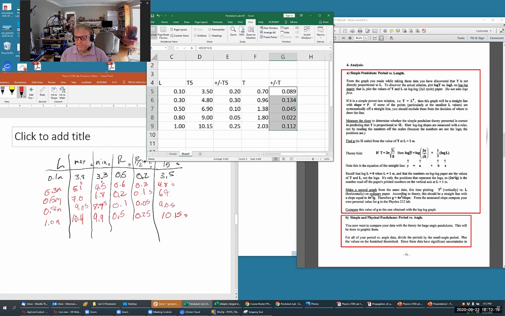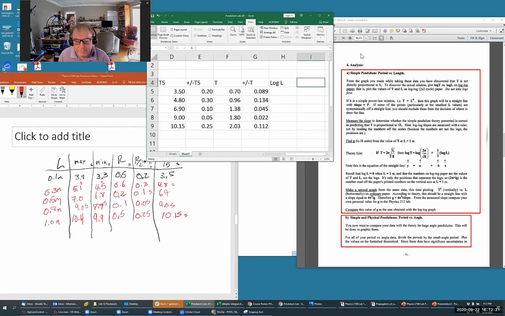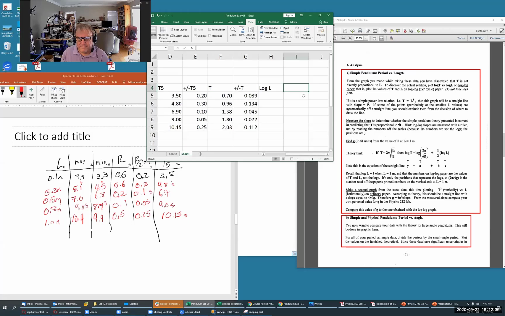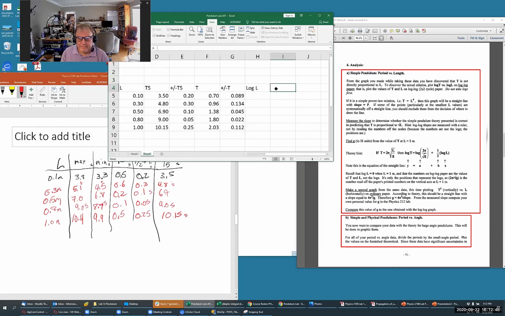But what we know is t and L. We don't know about this. The y-intercept information, we're going to find that. So we need log L and we need log of t.